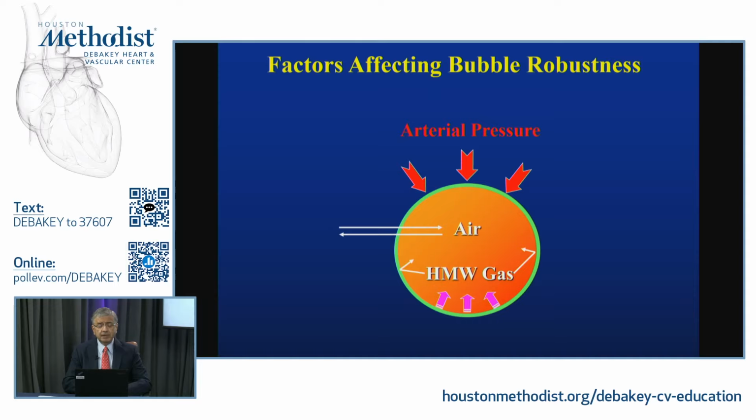The shell, in green, has also been designed, as well as the gas, to make these microbubbles smaller so they can cross the pulmonary circulation without getting trapped, and so they can withstand a longer duration. So you could actually image well and withstand even the high pressures on the left side, where the left ventricle is generating very high pressure.